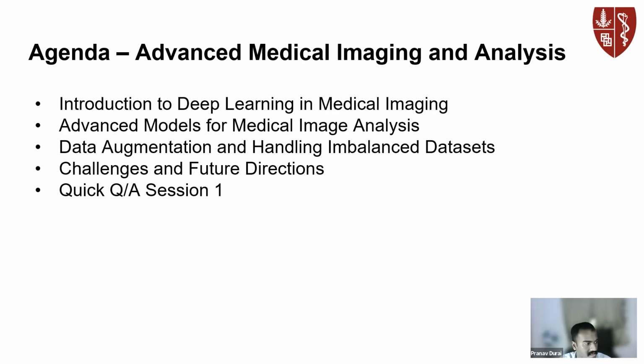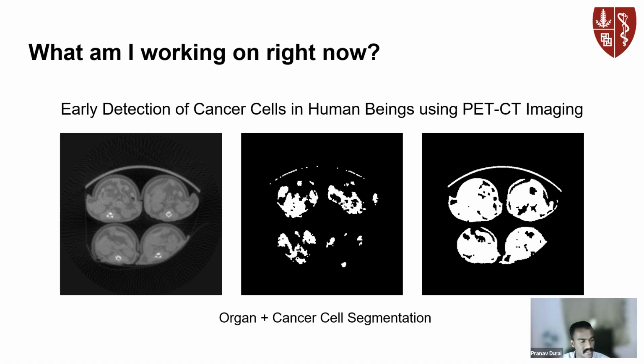All right. So what am I working on right now? Specifically in this project with Dr. Frezghi, we're actually building a system using 3D computer vision techniques, specifically for organ segmentation on PET-CT images, right?